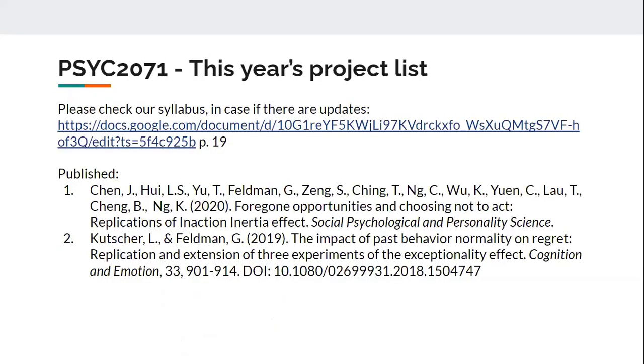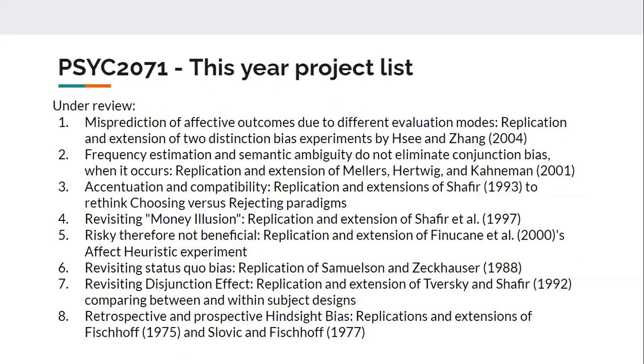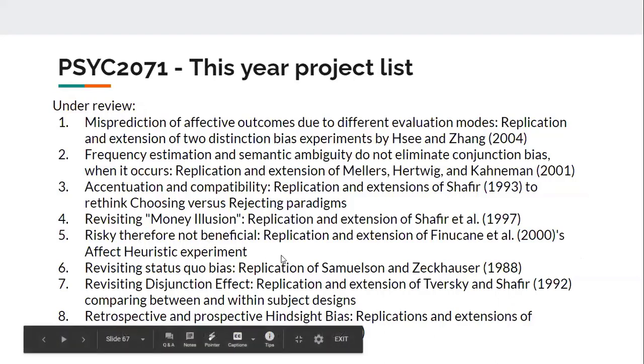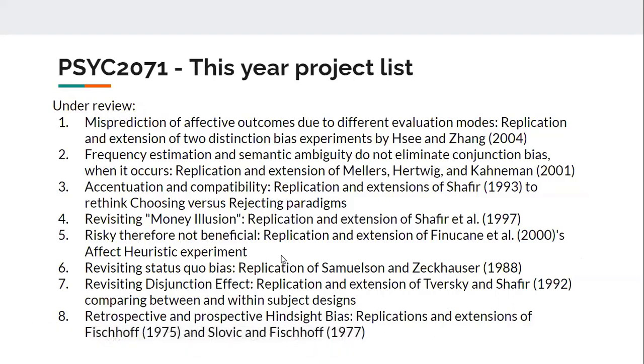And for PSYC3071, again, two of these have been published by two pretty great journals, SPPS and Cognition and Emotion. Some of these are under review. These are mostly related to heuristics and biases, judgment and decision making.